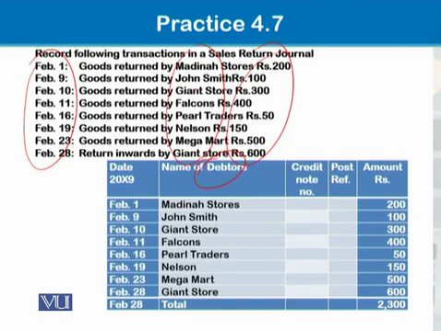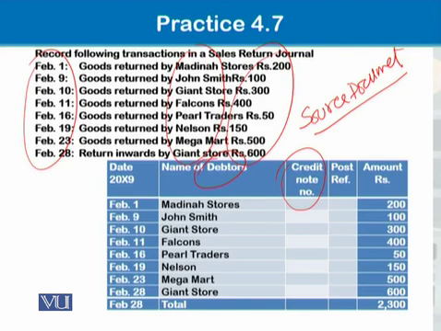These are the amounts of the sales returns. But the very important thing to notice here is that we have the credit note reference number here, not the invoice number reference. Yes, because the credit note is the source document in case of sales return.